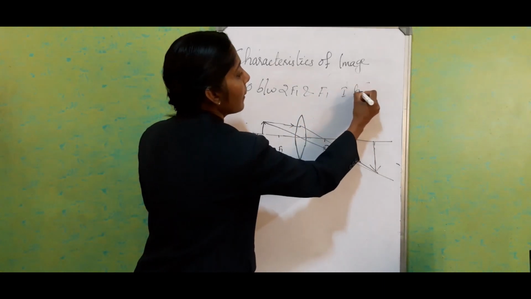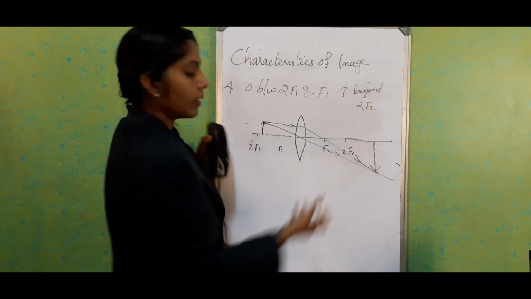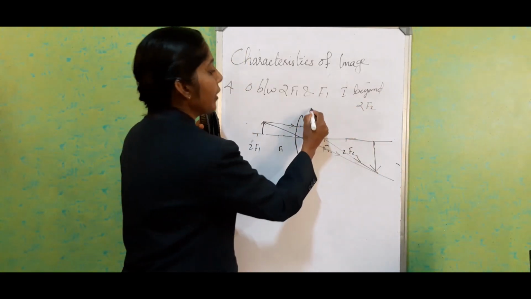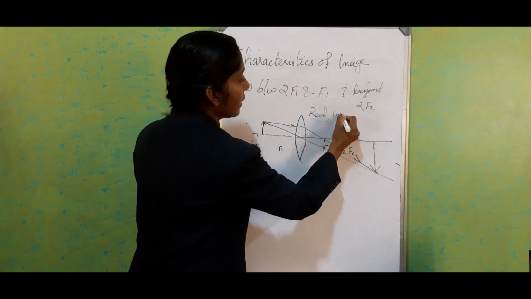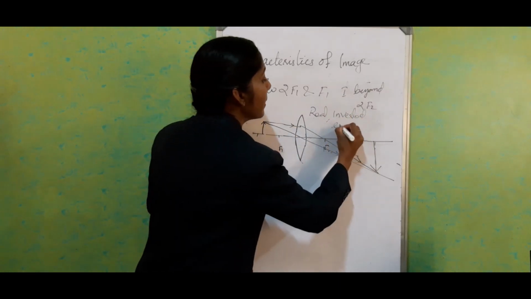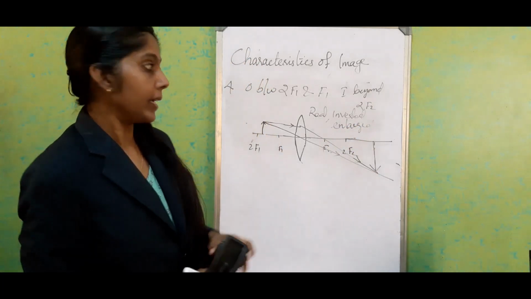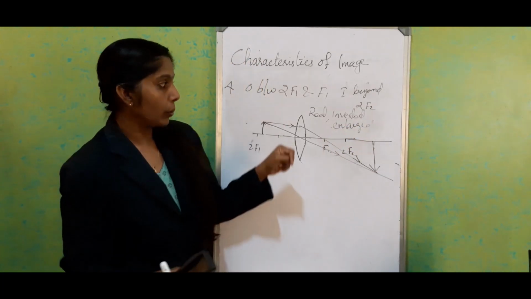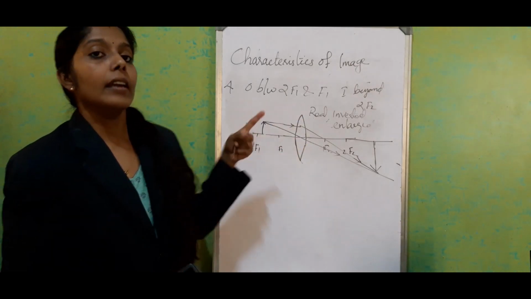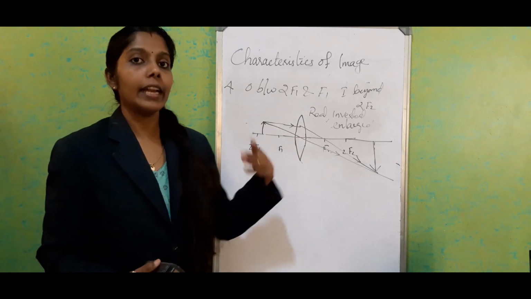Image formed beyond 2f2. If you see the nature of the image formed, it is real, inverted, and if you see the size, it is an enlarged image. So if the object is between 2f1 and f1, we are getting the image beyond 2f2, real and inverted.